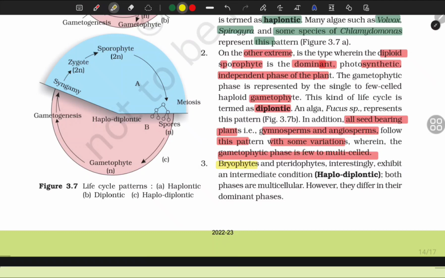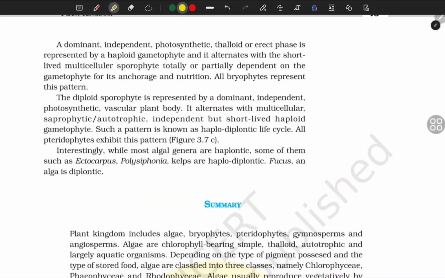Bryophytes and pteridophytes interestingly exhibit an intermediate condition, haplodiplontic. Both phases are multicellular, however, they differ in their dominant phases.